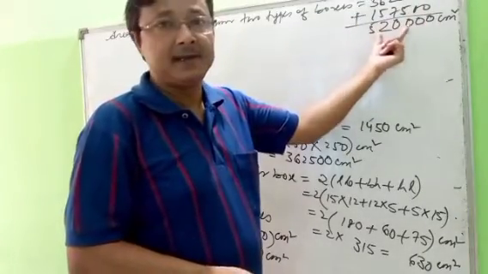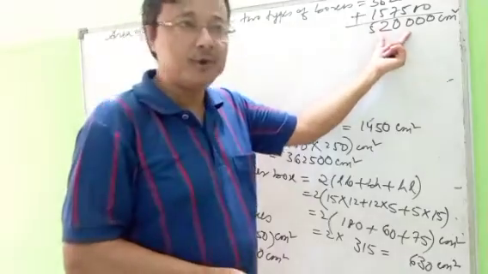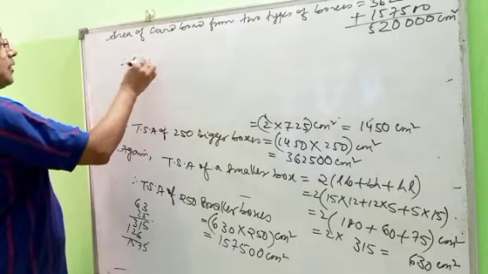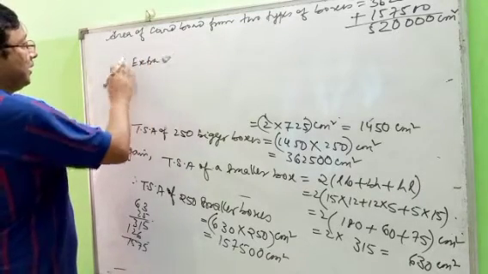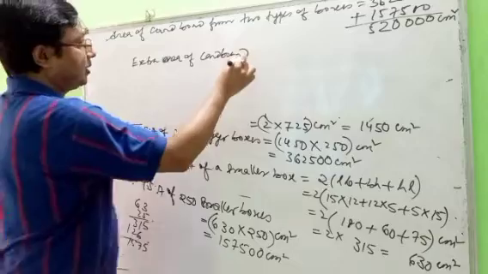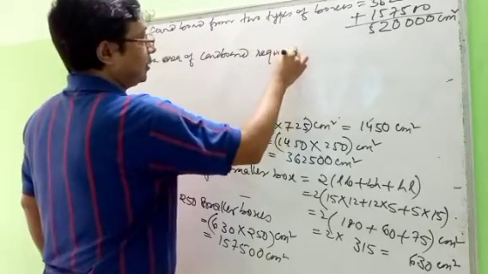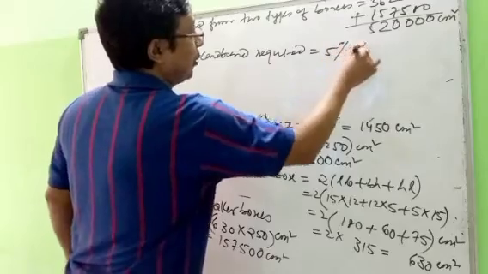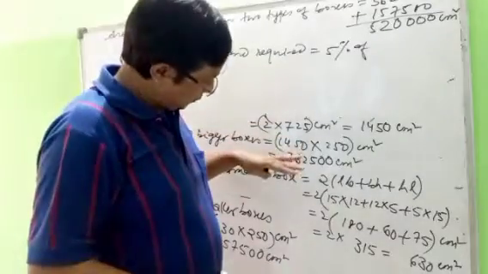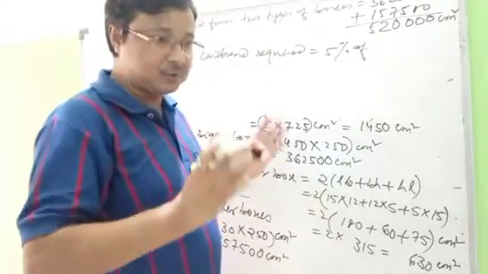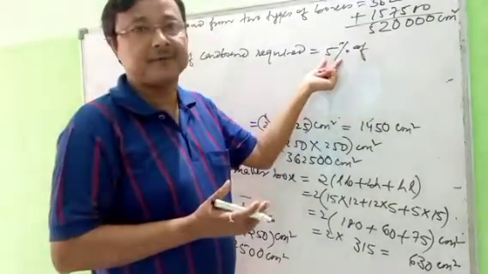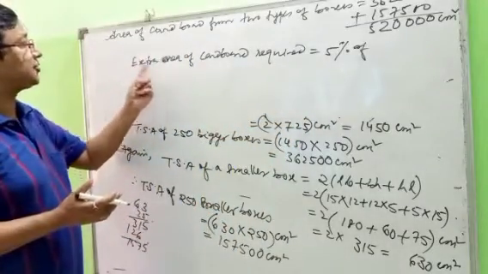So from this total, you are going to find the 5%, which will be called the extra area of cardboard required.